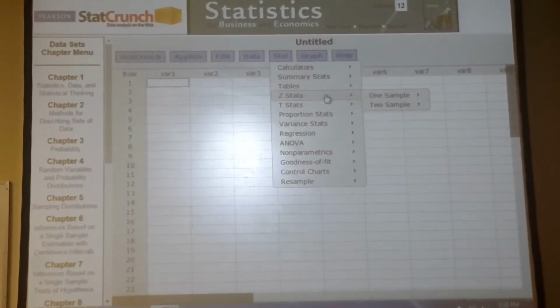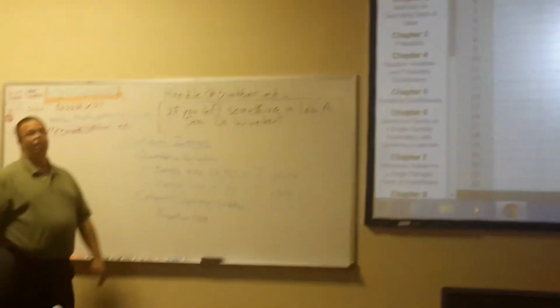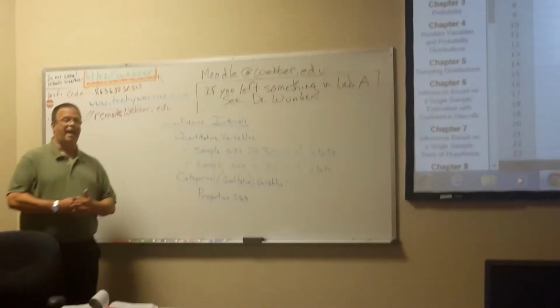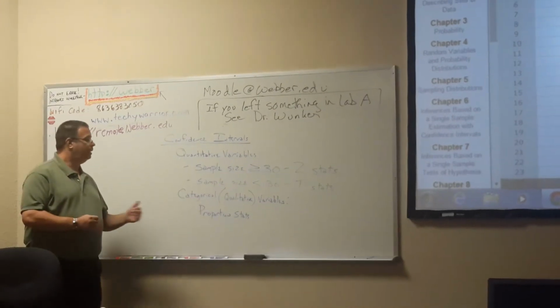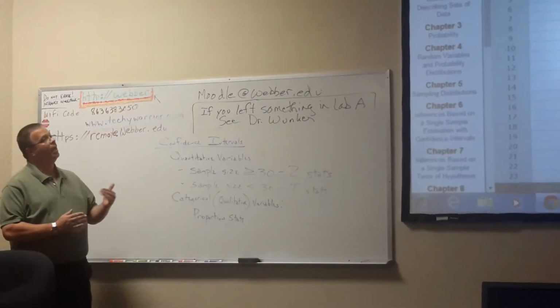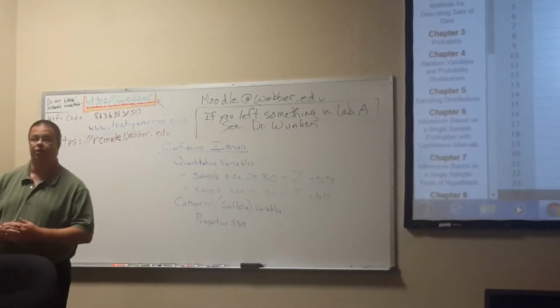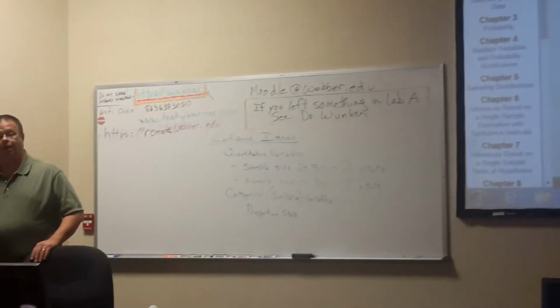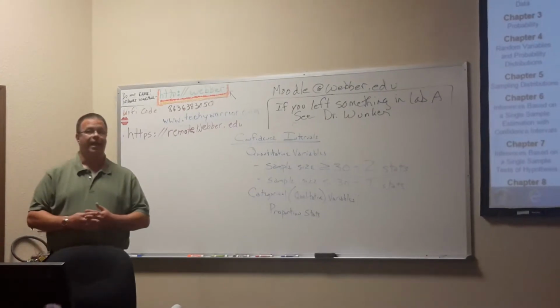If our sample size is less than 30, then we're going to have to use the next one down, and that is TStats. And finally, for categorical or qualitative variables, we'll have to use the next option down in our menu, and that is proportion stats.